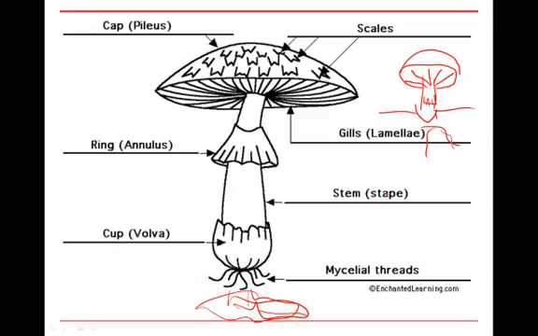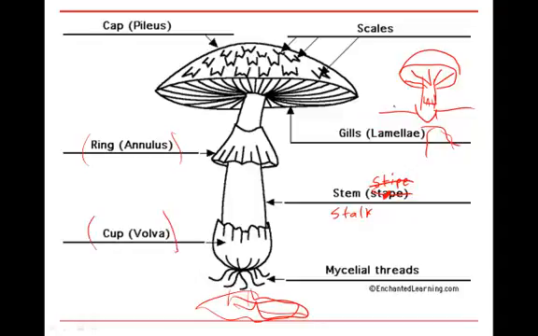This is actually an error right here. The technical name, which I'm not asking you to know, is stipe. So it's not stape, it's stipe. But stem or stalk is fine for us to know for that. I want you to know both these names. So here I'll cross out the names you don't have to know. And I want you to know both those.